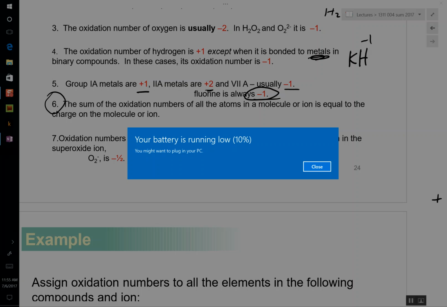Now let's just check one other thing out. This is the sulfate ion with a -2 charge on it, but copper sulfate has no charge.